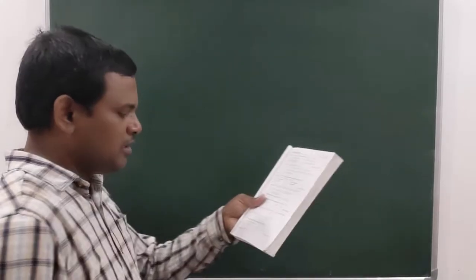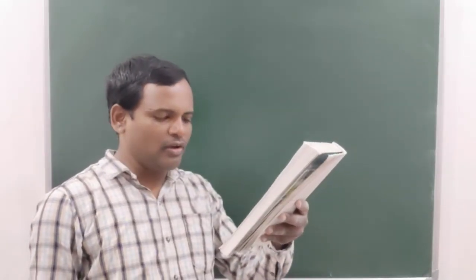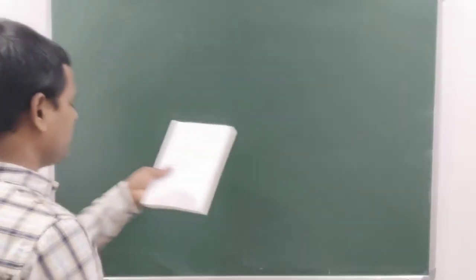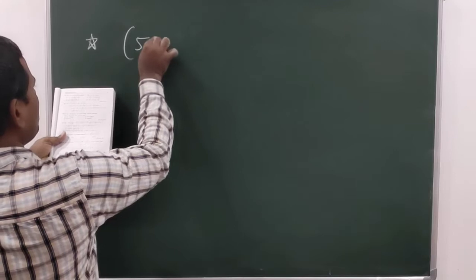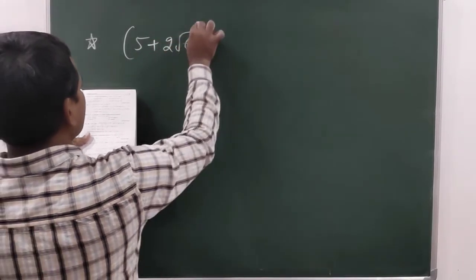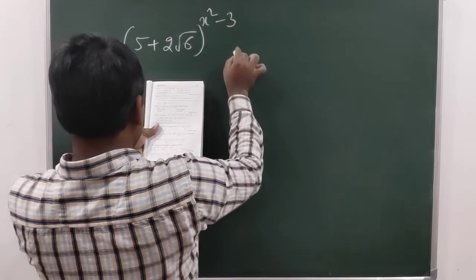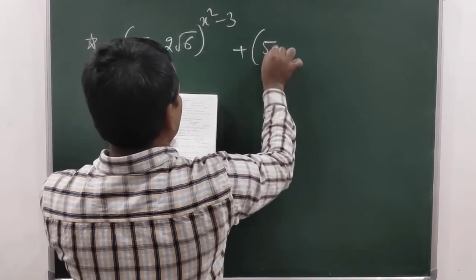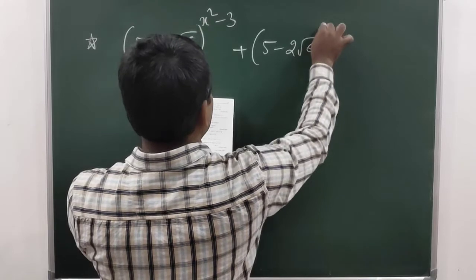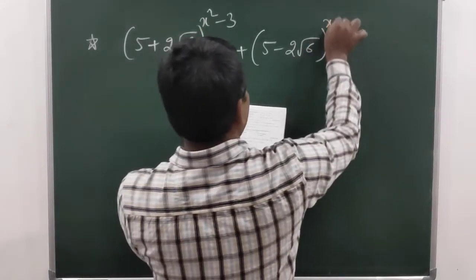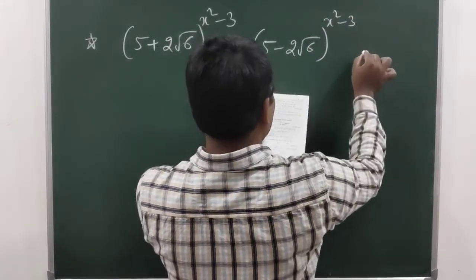See this, the product of all the values of x satisfying this equation, (5 plus 2 root 6) whole power (x square minus 3) plus (5 minus 2 root 6) whole power (x minus 3), which is equal to 10.